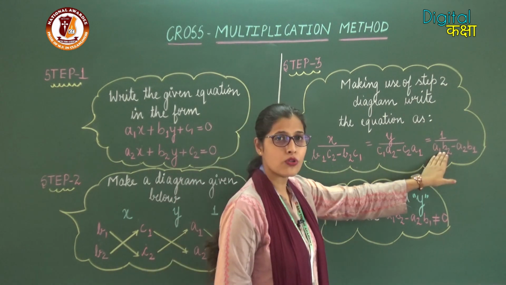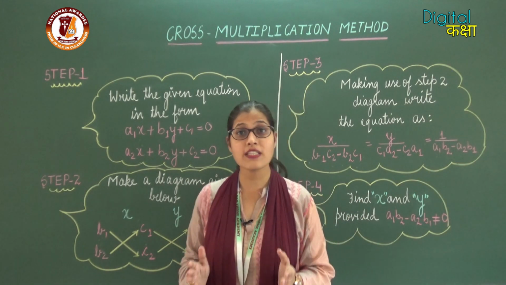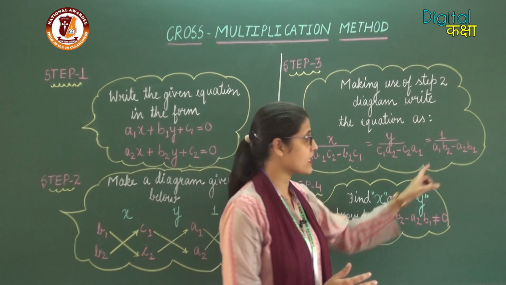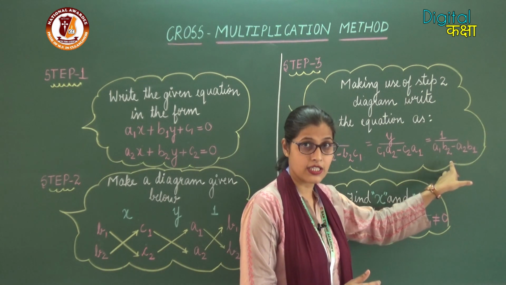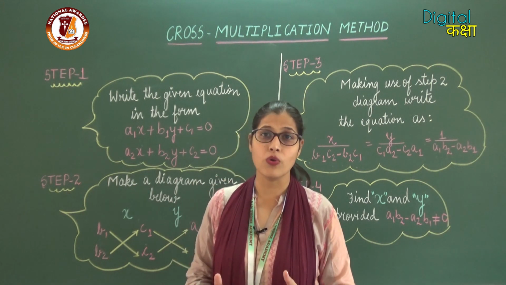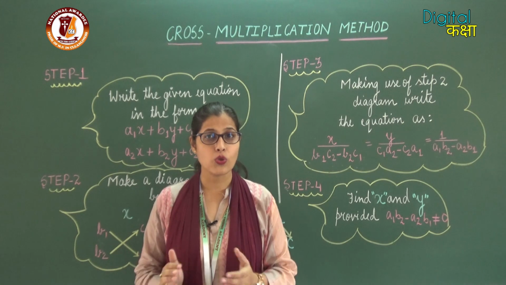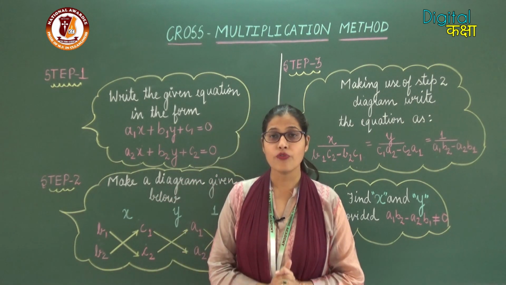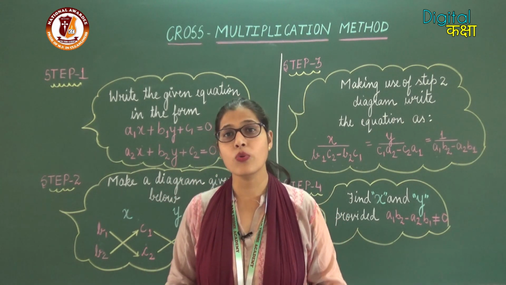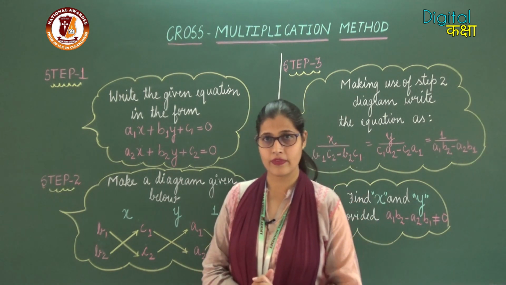Because if this value becomes 0, then for the constant 1 we will be getting 0 in the denominator, and we know it very well, 1 upon 0 is not defined. So it won't be possible for us to get the value of the unknown variables x and y.